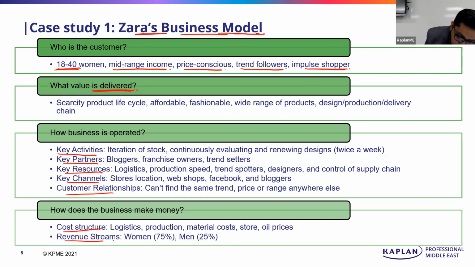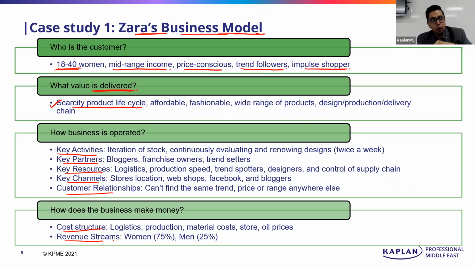Their main value addition is that they bring scarcity into the product life cycle. So customers, in the fear of missing out, the FOMO, just come to the store and keep buying the clothes. Now, an interesting point here. If you look at a normal fashion store, an average customer visits only 4 times a year.